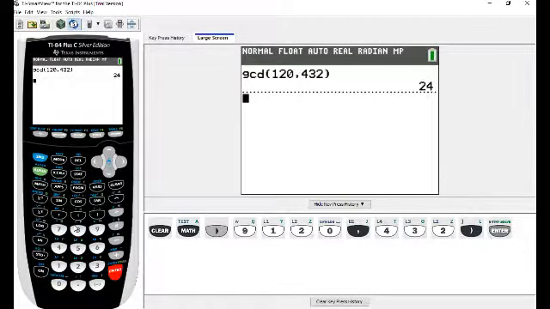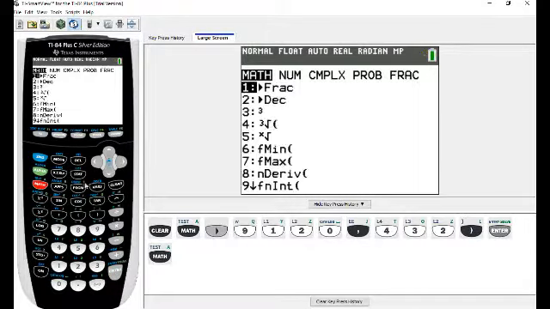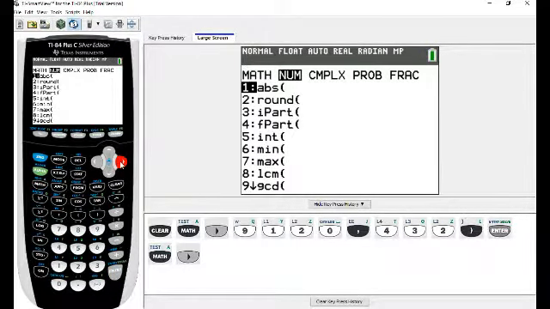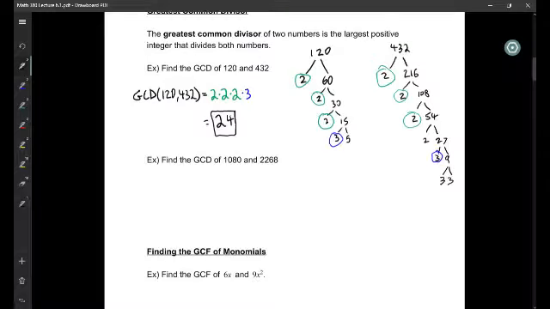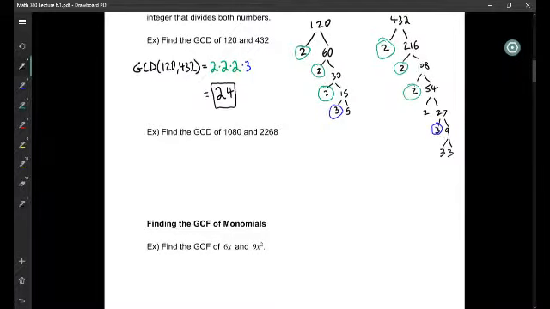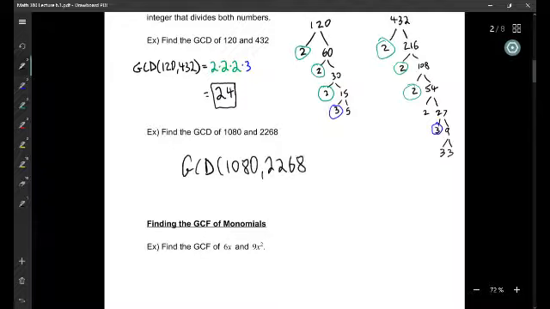So we do Math, arrow to the right to Number, push 9 for GCD. And we have GCD of 1080, 2268 is 108.